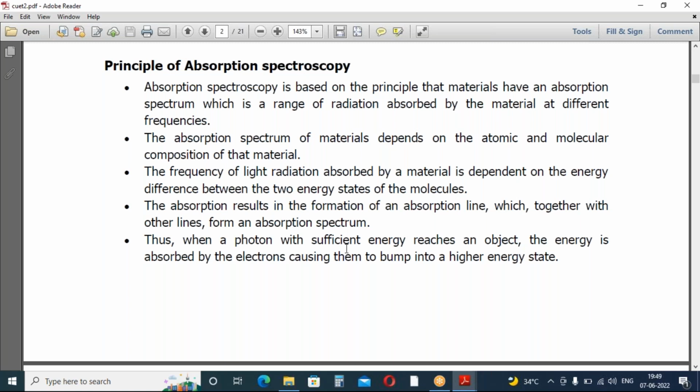Molecules contain different energy levels, and depending upon the light radiation, they form absorption lines, forming the absorption spectrum. This is the major one, based on wavelength, frequencies, and energy levels that cause the radiations.